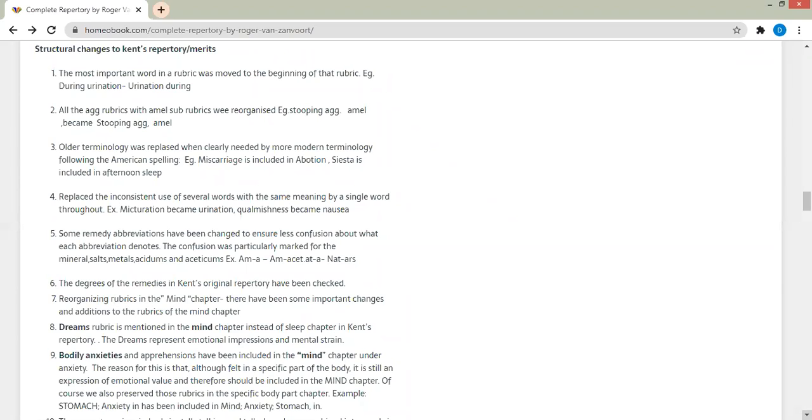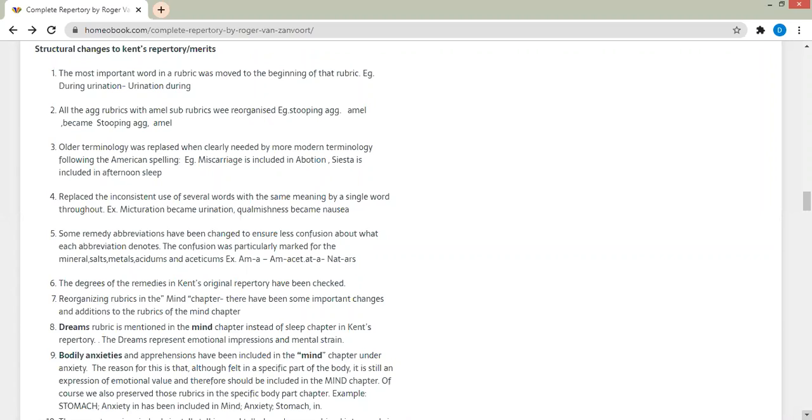All the aggravating rubrics with amelioration subrubrics were recognized. For example, "stooping, aggravate, ameliorate" became "stooping, aggravate or ameliorate". So in this way the arrangement of the rubrics is somewhat changed in the Complete Repertory.